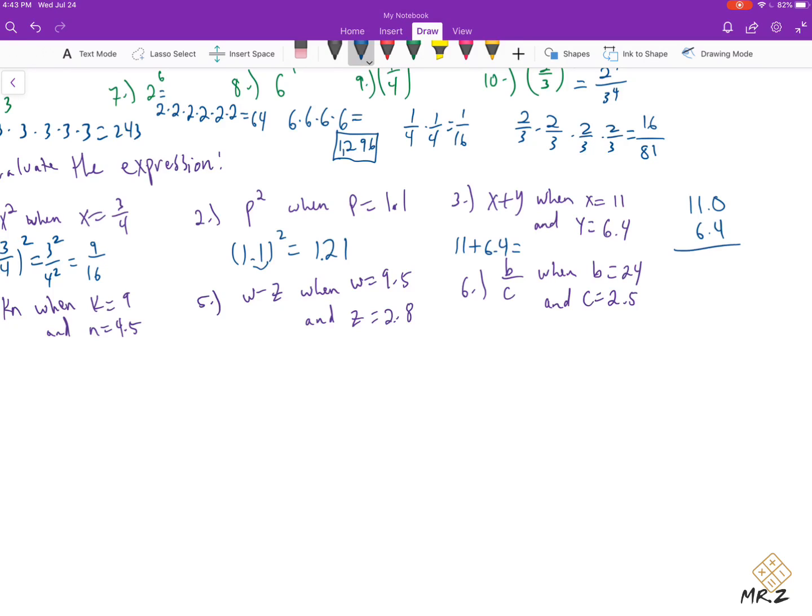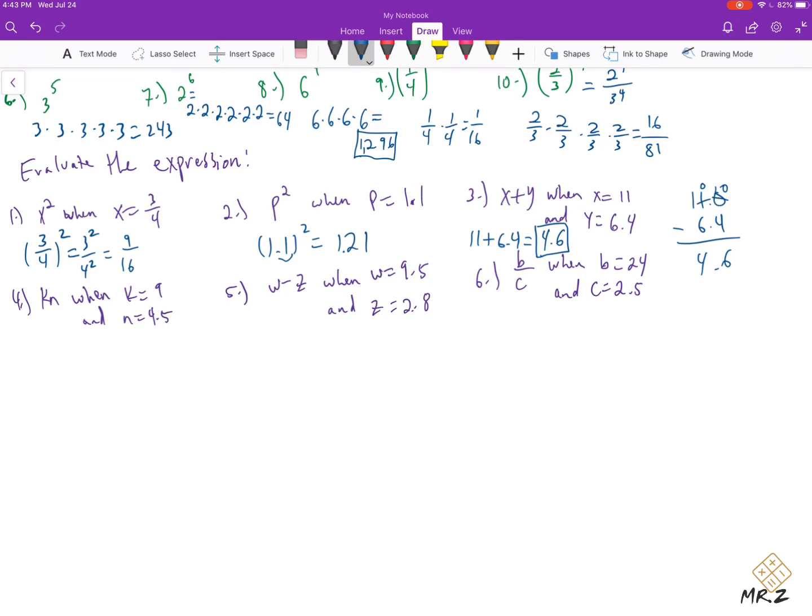This is why you add a decimal to 11 when you're subtracting, because you need to line up the decimals whenever you add or subtract decimals. So here we have 10, here we have a 0. 10 minus 4 is 6, and this 1 makes it 10, and 10 minus 6 is 4. So 4.6.